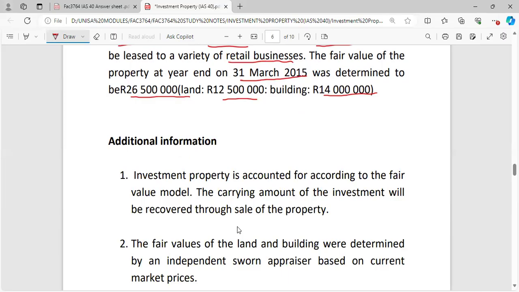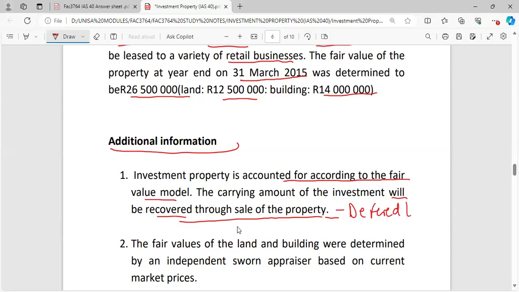Then there's additional information which says investment property is accounted for according to the fair value model. The carrying amount of the investment property will be recovered through sale of the property. That is going to affect when you need to calculate your deferred tax.